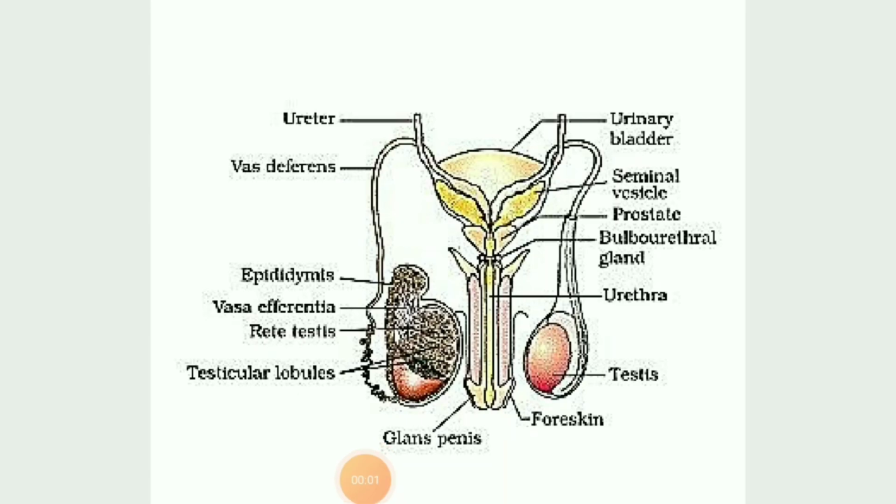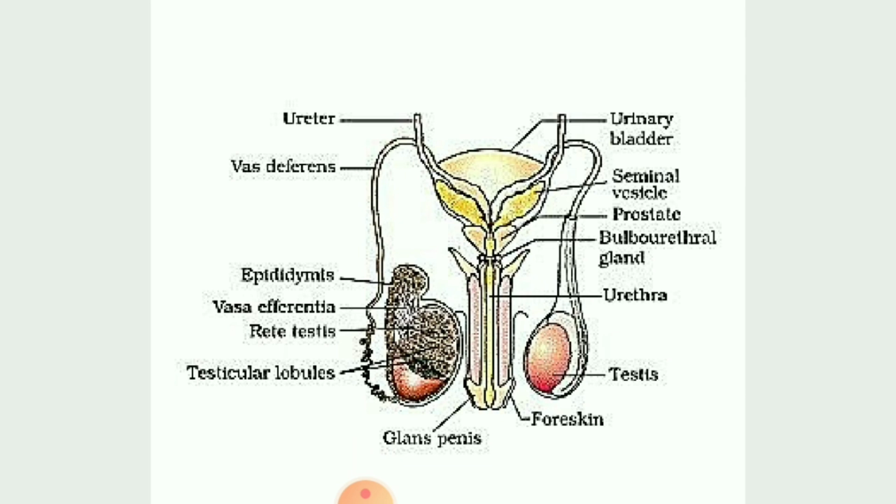Children, some more functions of the male reproductive organs. Prostate gland. This has smooth muscles during urethral ejaculation, and it consists of a large quantity of blood. Okay, children. If its development is not done in a proper manner, it may cause prostate cancer. Then the erectile tissue.